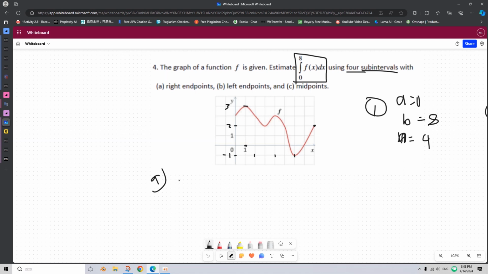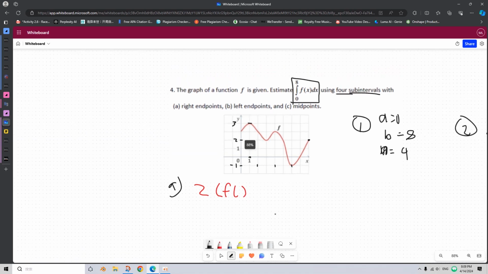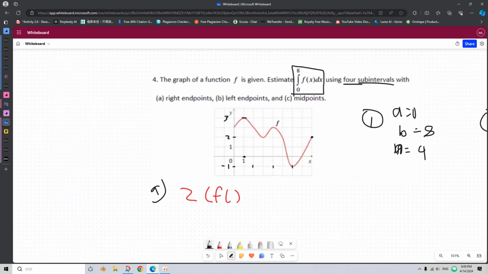A is equal to the delta x, which we already have, so 2, and then brackets. We have from the right, so we start from here, here, here, here. These are valid from the right side, so we don't even need to put f of something. We have the answer directly.